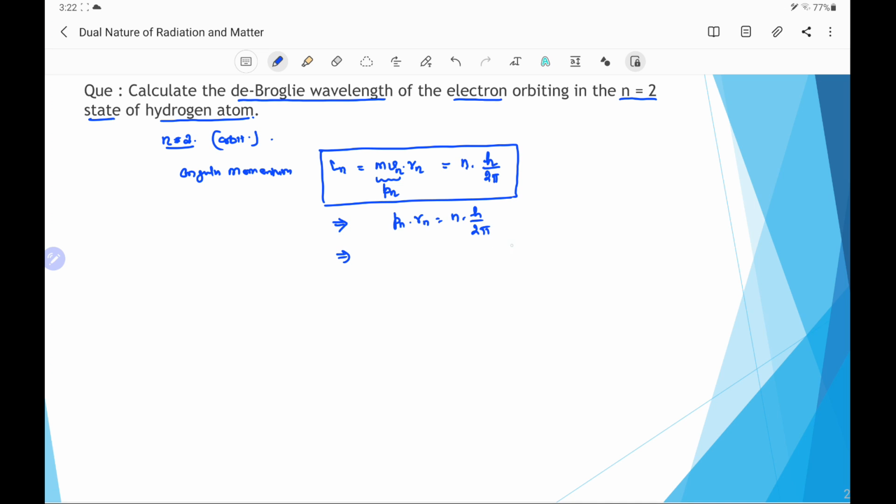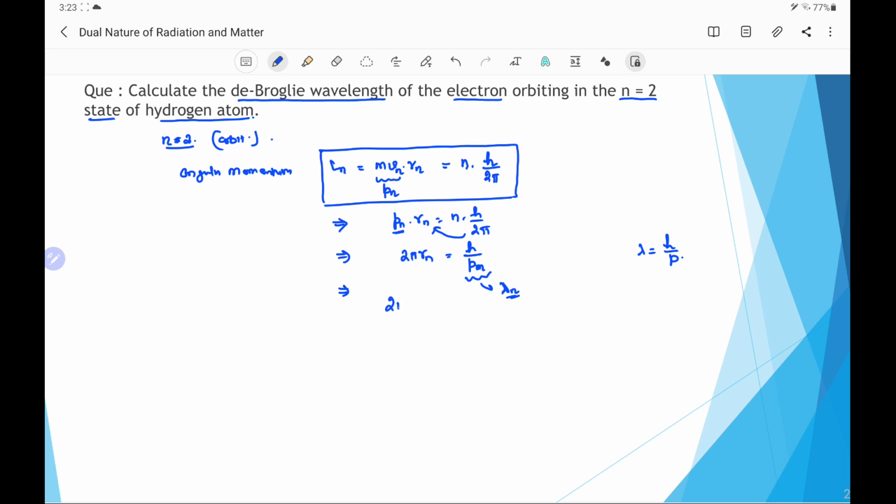This implies that, if we cross multiply this 2 pi rn and take this pn on the right hand side, we will have h by pn. Because we know de-Broglie wavelength lambda equal to h by p, this h by pn will be the wavelength of the de-Broglie wave in the nth orbit.